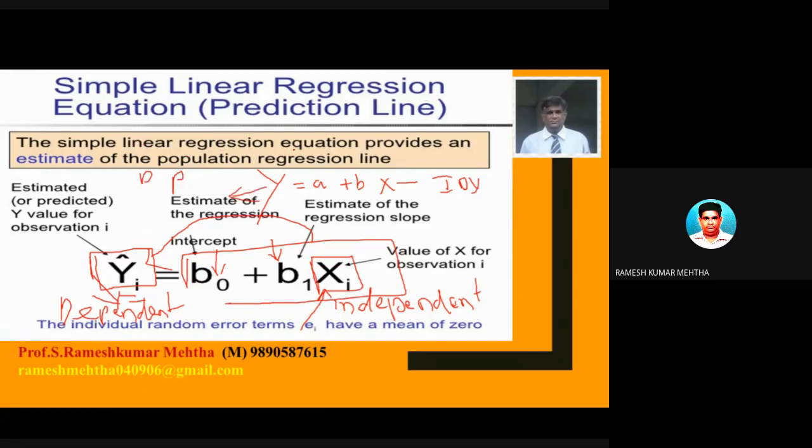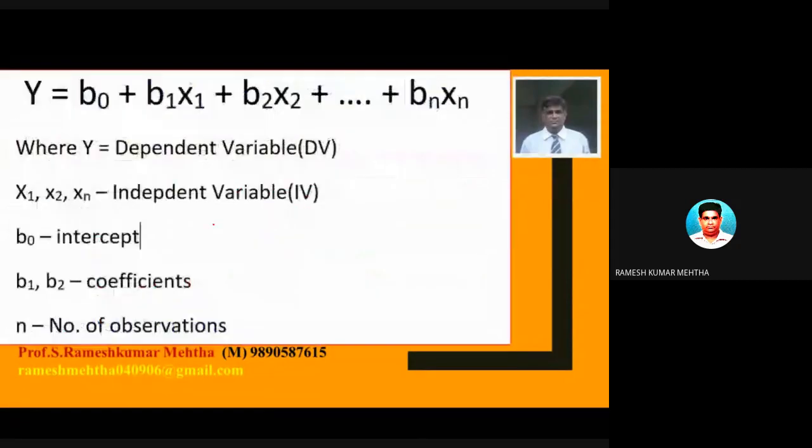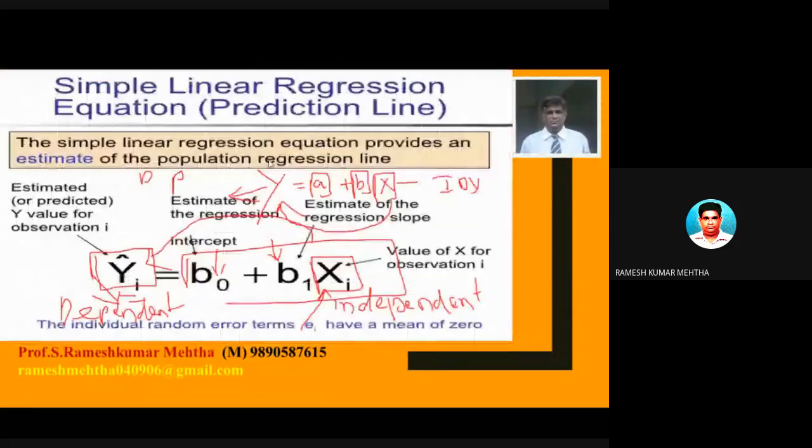We will find out the value of b, and we will find out the value of a, and we have the values of x, and with this we will find out the value of y. So in this particular session we are going to determine the values of y based upon a, b, and x. Let's move ahead.